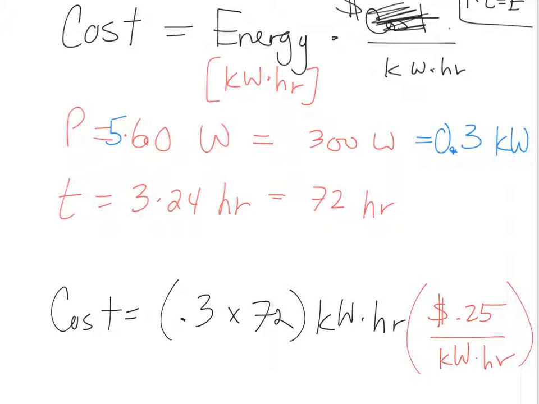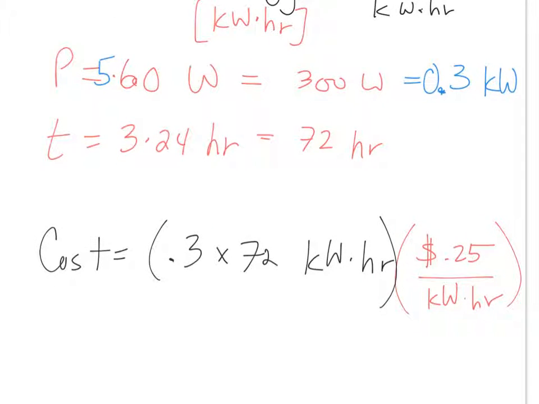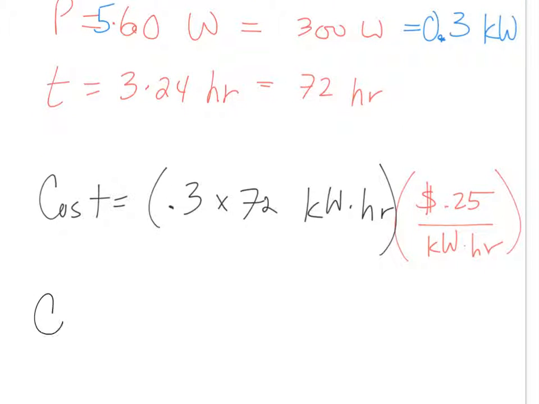Okay, so I'm multiplying those two things, and I should really put parentheses. Like that. So 0.3 are kilowatts, 72 are hours, times 25 cents per kilowatt hour. Okay? What do you got? $5.40 for one weekend. It's kind of a waste when you think about it, right?